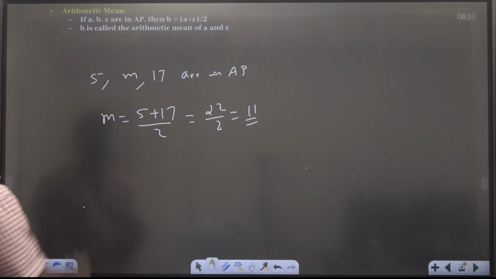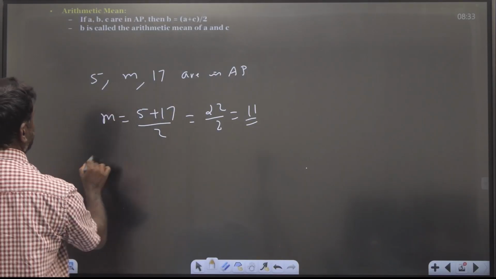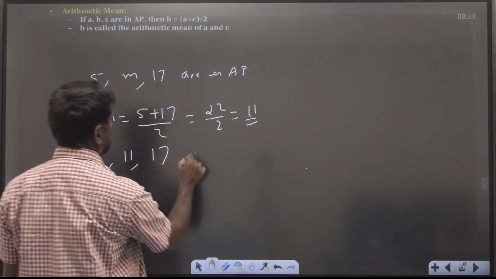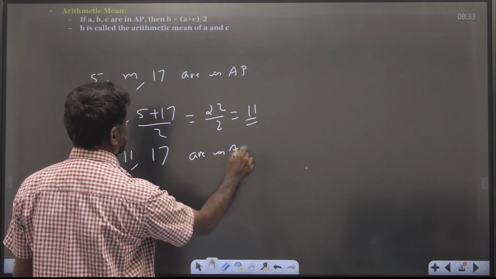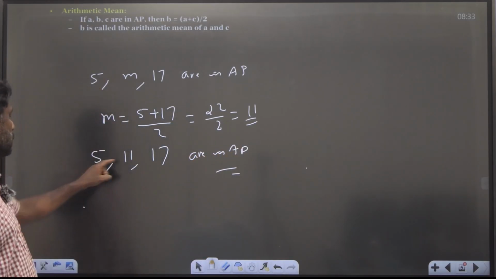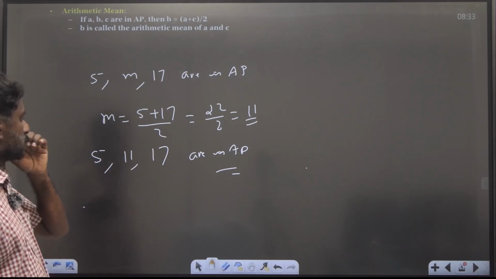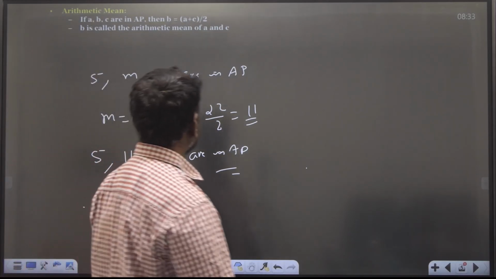If we substitute 11 for m, 5, 11, 17 are in AP automatically. Here the common difference is 11 minus 5, that is 6, and 17 minus 11, that is 6. 6 is the answer.